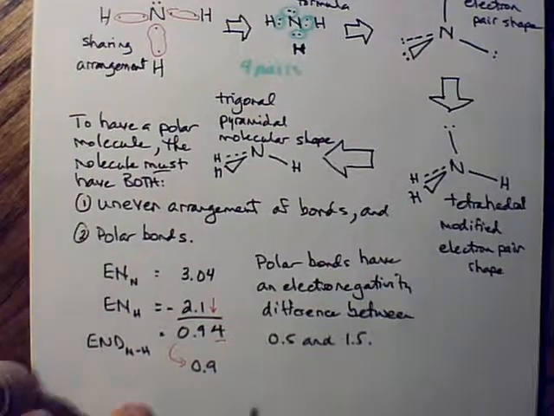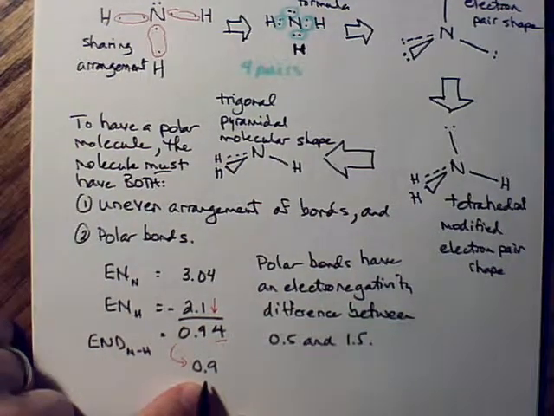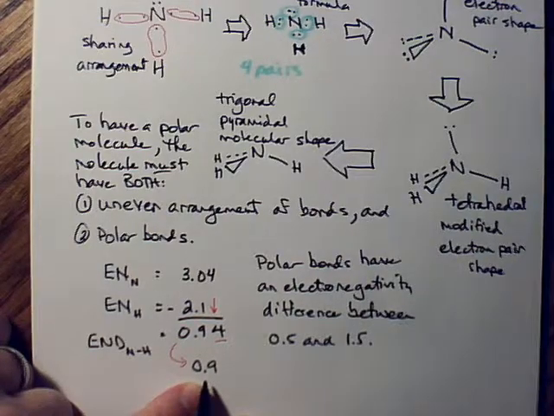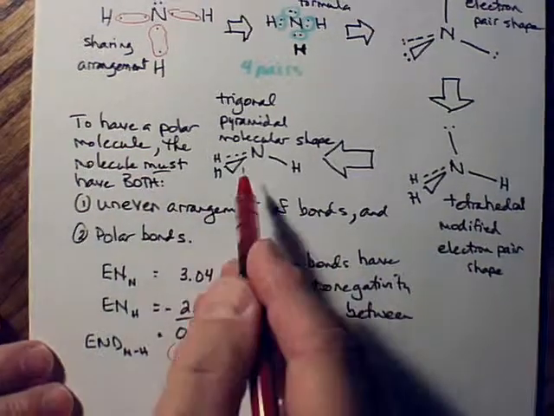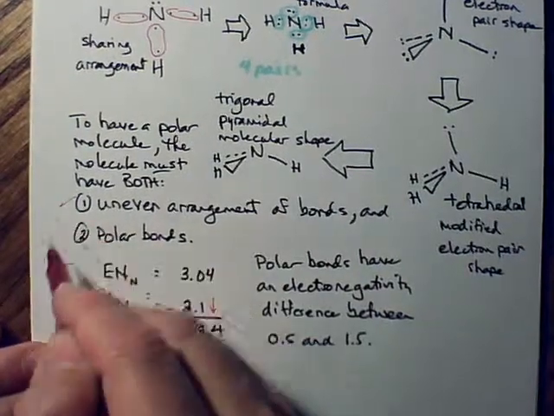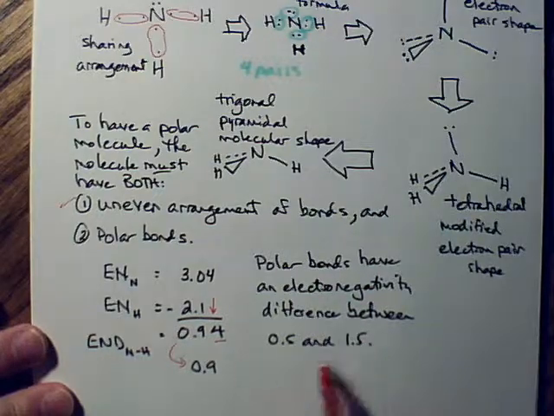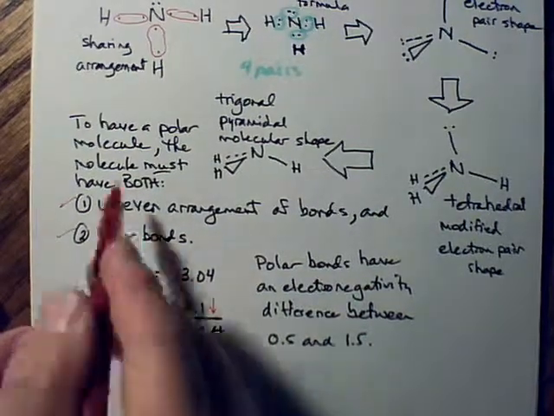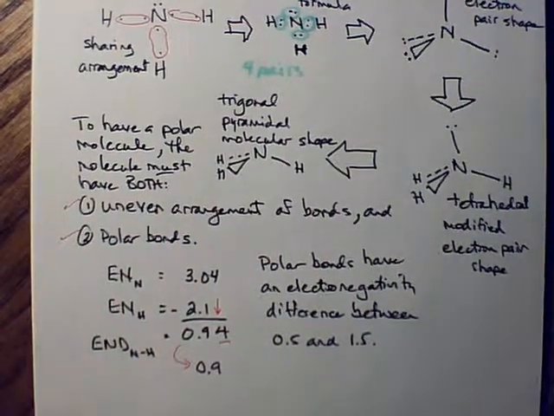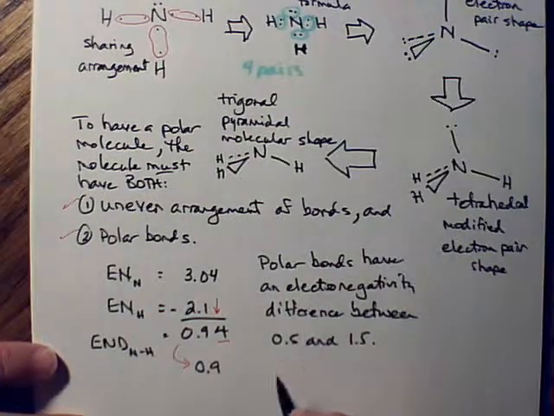So is this between 0.5 and 1.5? Yeah, it is. So we have an uneven arrangement of bonds. We have a difference in electronegativity between 0.5 and 1.5. So we met the conditions to have a polar molecule.